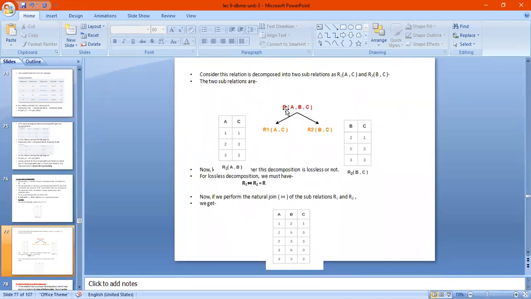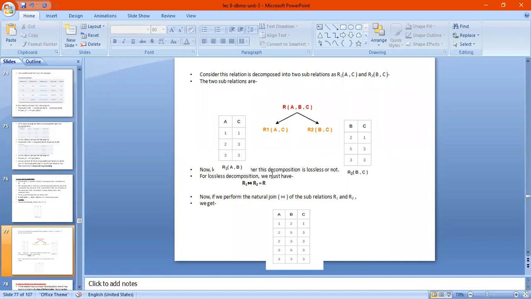Consider the relation R(A, B, C) decomposed into two relations R1 and R2, where R1 has attributes A and C and R2 has attributes B and C. The two sub-relations are R(ABC) divided into R1(AC) and R2(BC), as shown in this structure.